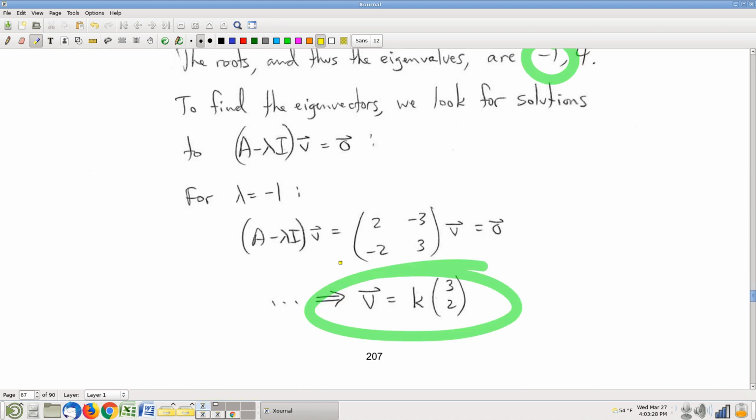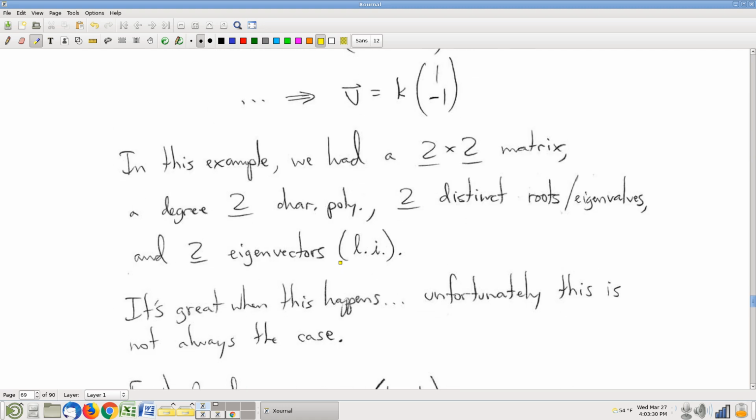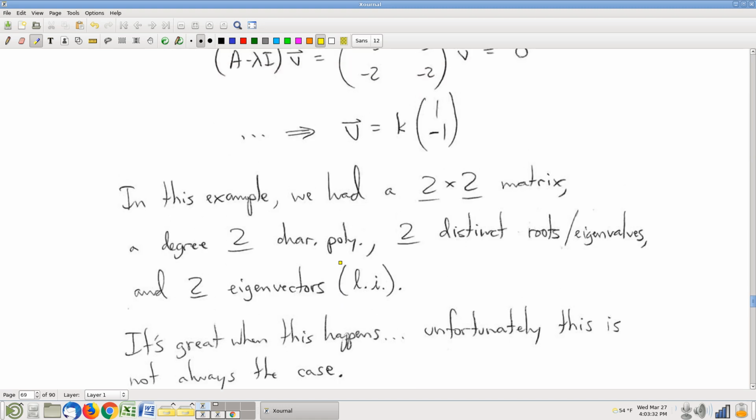And now check this out. What has happened in this example here? We started off with a 2x2 matrix that ended up with a degree 2 characteristic polynomial, thus giving us 2 roots, aka eigenvalues, and in the sloppy language of how people talk, 2 eigenvectors.